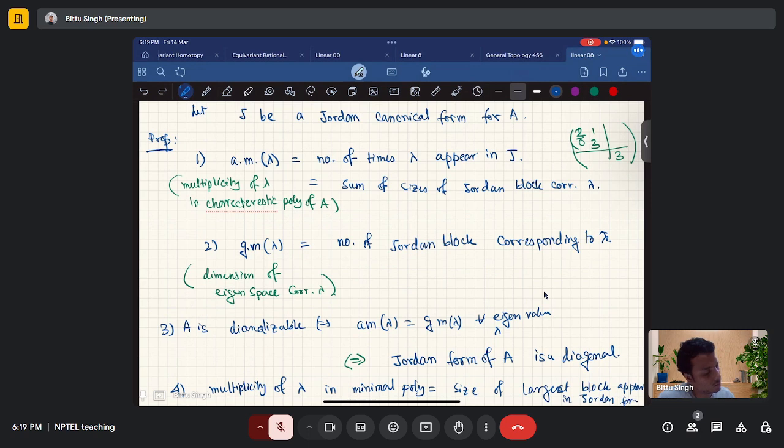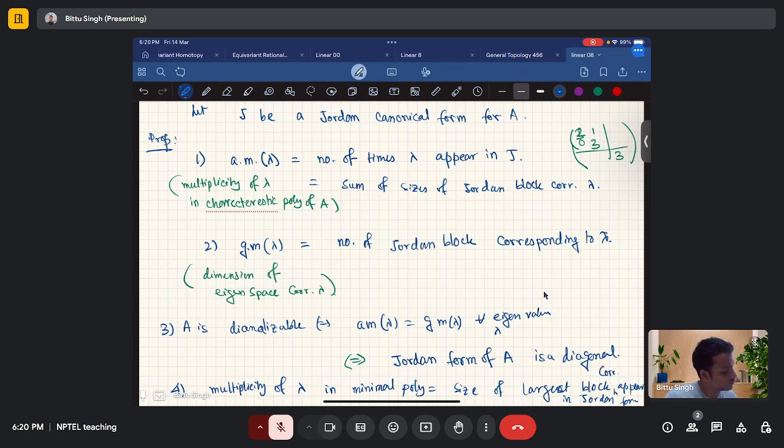So, for example, if we take this Jordan canonical form, then the minimal polynomial for this will look like x minus 3 whole squared, because the largest Jordan block corresponding to 3 is a 2 by 2 block.